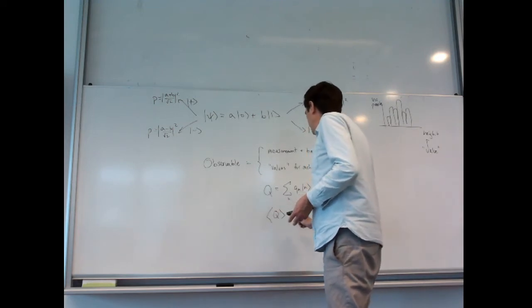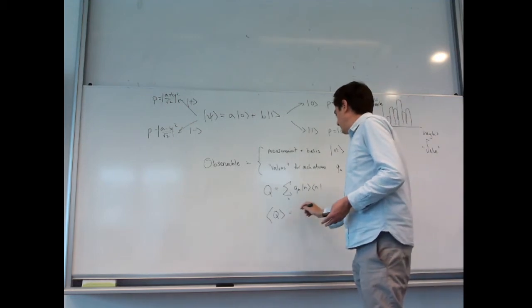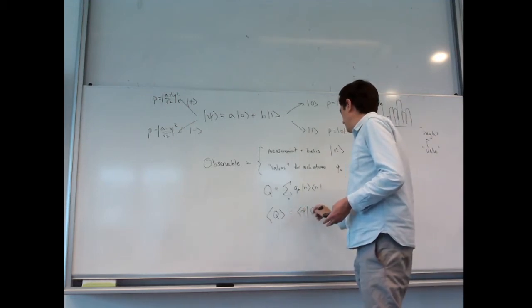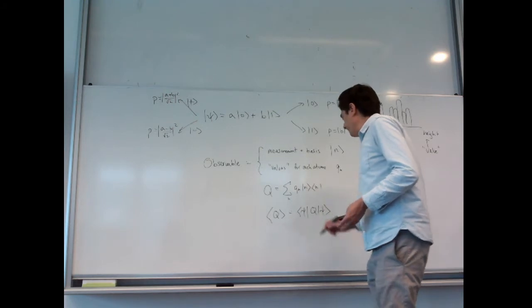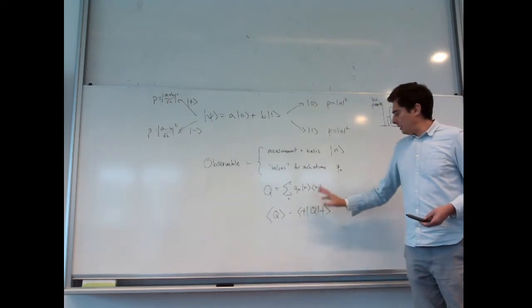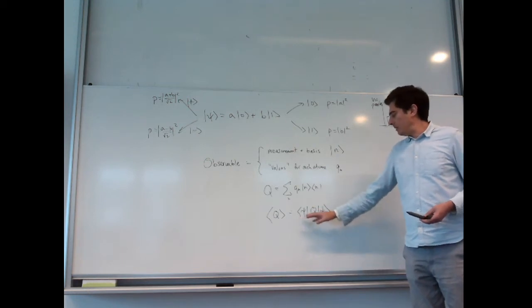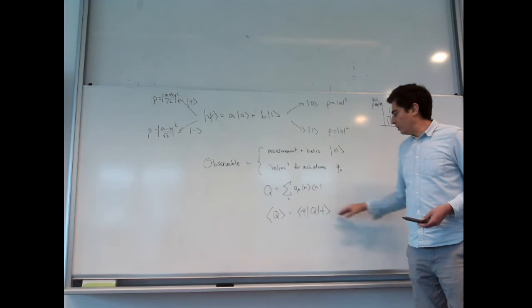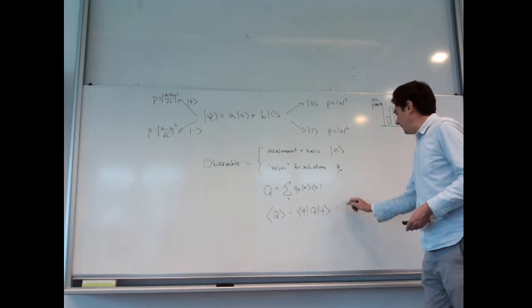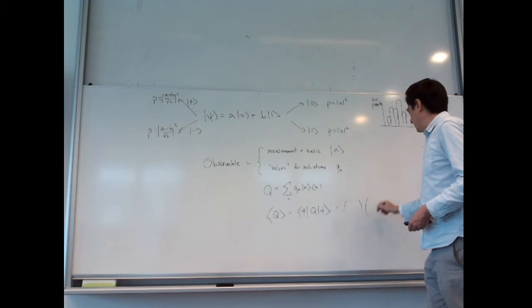The average value of this observable that we just made up is something like this: you have your state, you have your observable operator, and then you have your conjugate state. You just work out this, which is basically like a matrix multiplication.